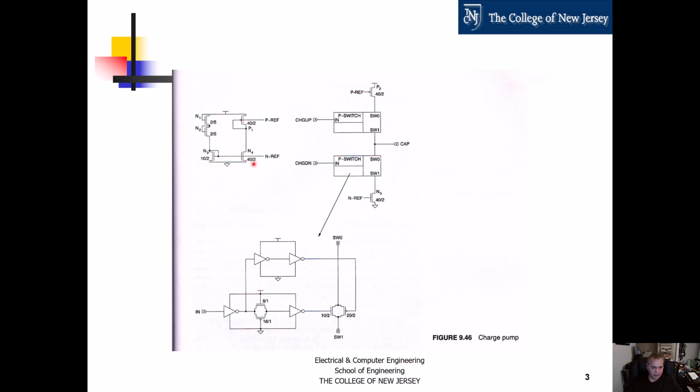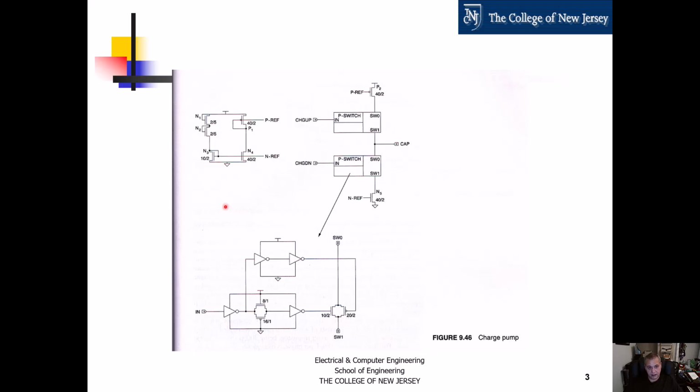So in our case, our minimum channel length is 150, so this is going to be 300 nanometers, and then the electrical width of the channel is going to be 40 times 150 nanometers. So that basically takes care of the charge pump.